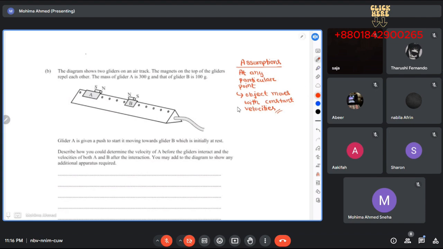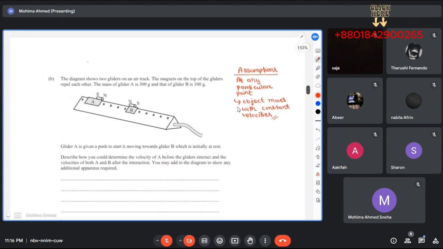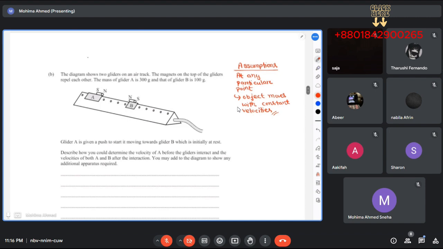Now after this, we have to use light gates at different sections. I will use a light gate over here, and then again there's another light gate with this pair. This is your first light gate.